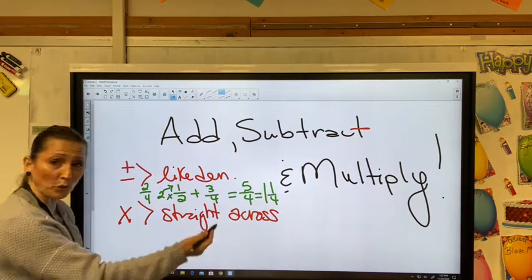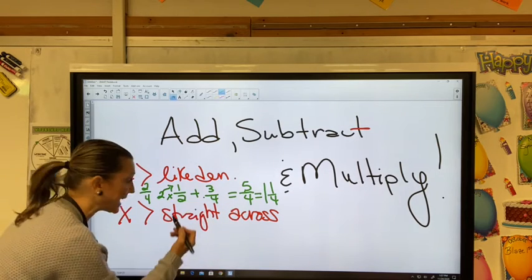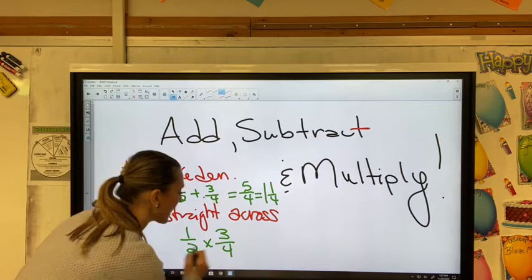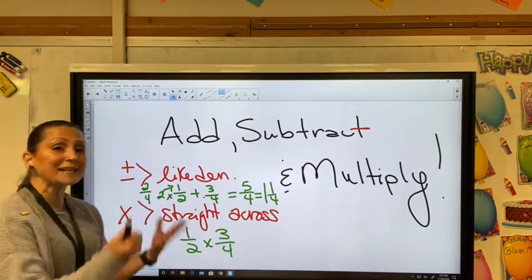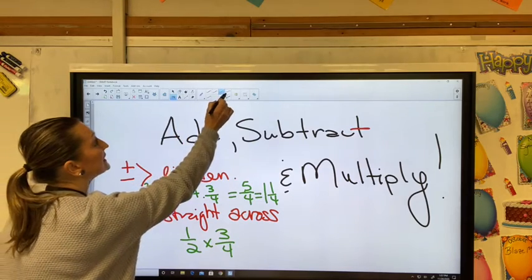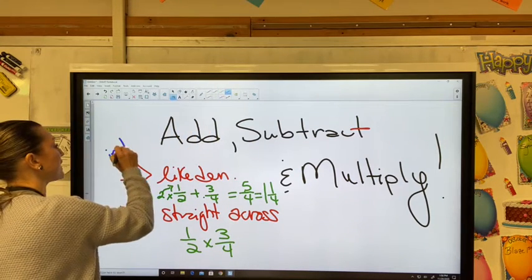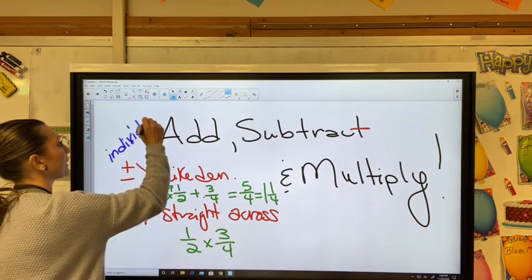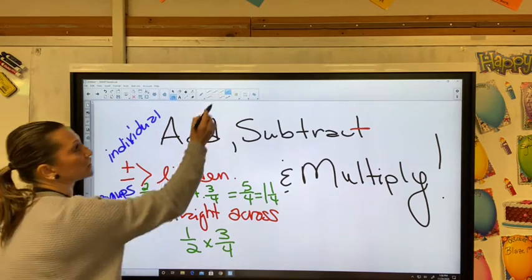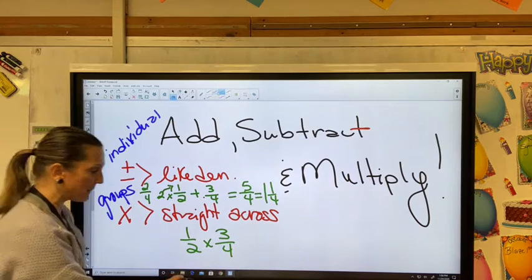You also did multiplication of fractions. I'm just going to use these same fractions, and I'm going to multiply them. I'm going to do 1/2 times 3/4. But in this case, I don't need like denominators, because up here, 6th graders, these are individual parts, and down here is where we're making groups of parts. So I don't need like denominators.